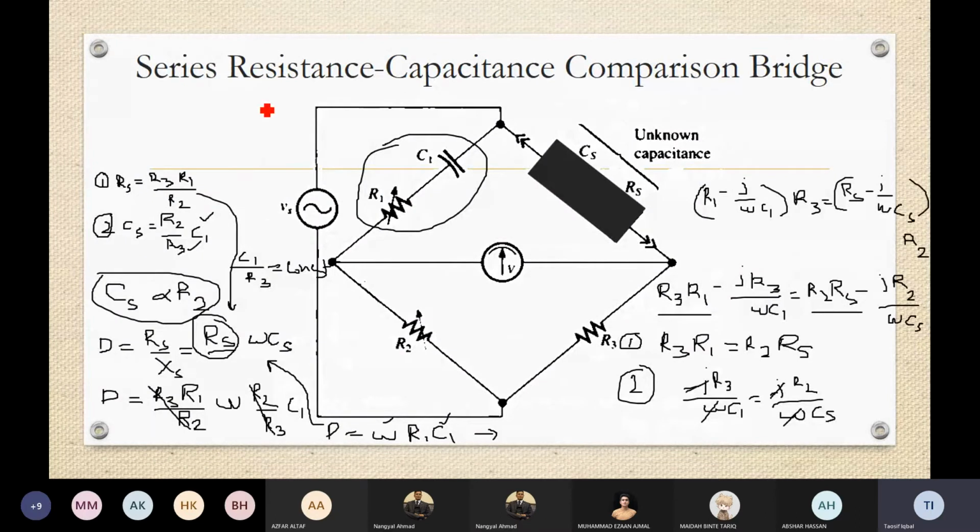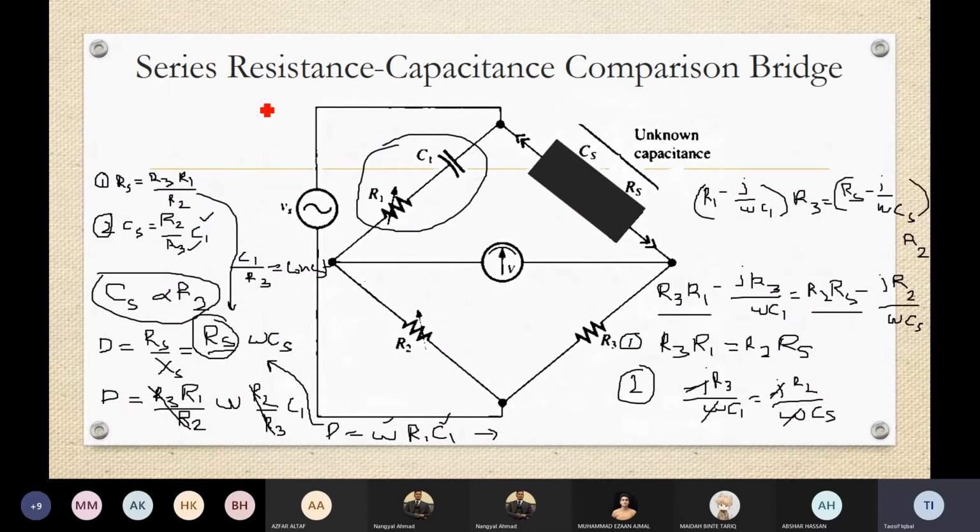So the first option is the series connected resistance and capacitance comparison bridge. If we know that our unknown capacitance has its resistance connected in series, then we can use this series resistance capacitance comparison bridge.